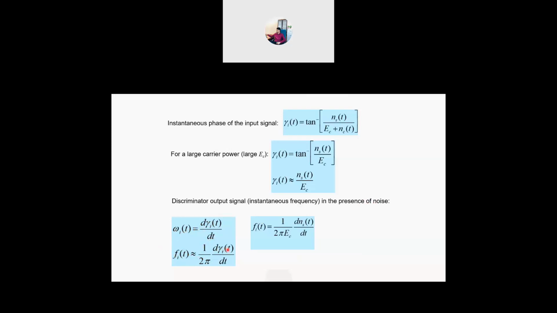The differentiation of the instantaneous phase of the input signal over dt. So you're going to have fi(t) equals 1 over 2 pi Ec dNs over dt.